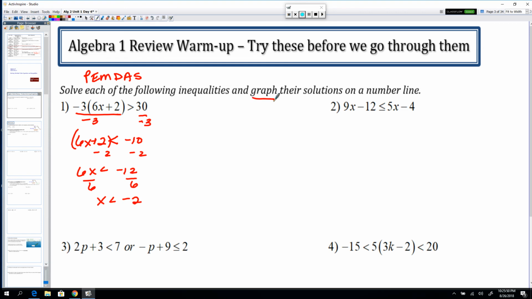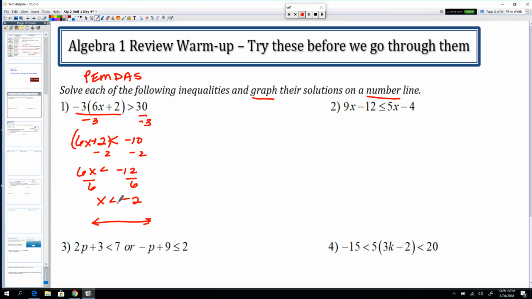And then when somebody says to graph this on a number line, what we mean by that is you've just said that any number less than -2 will make this a true statement. By solving to get x by itself, you're saying if you put in anything less than -2 for x, you'll make a true statement. The stuff on the left will be greater than 30.